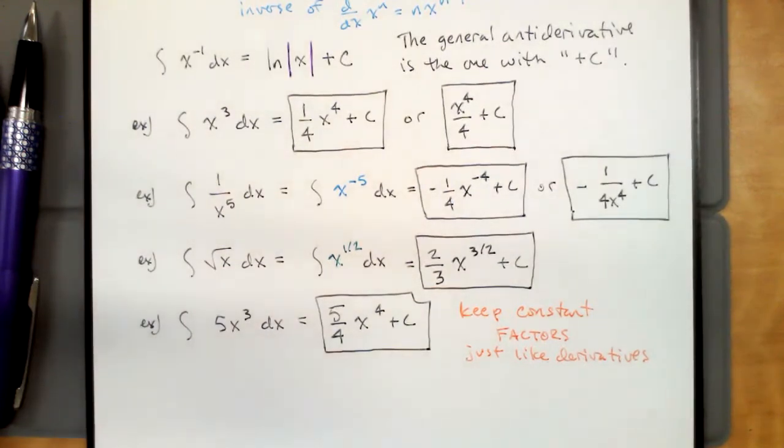I didn't have to tell you that was a rule. You just guessed that that's how it should work. It's great in math when how you think it should work is how it should work.